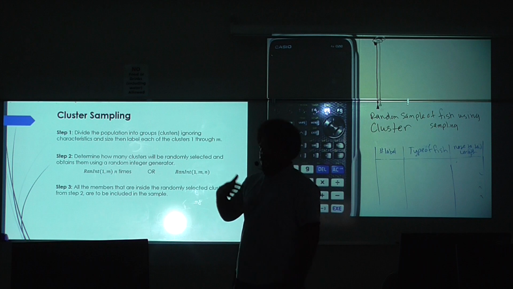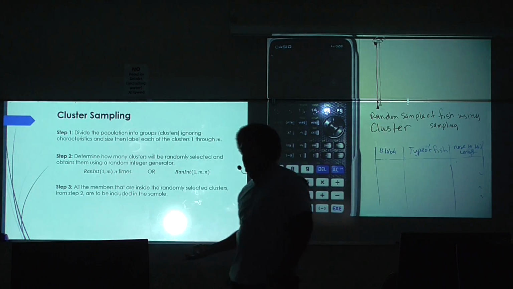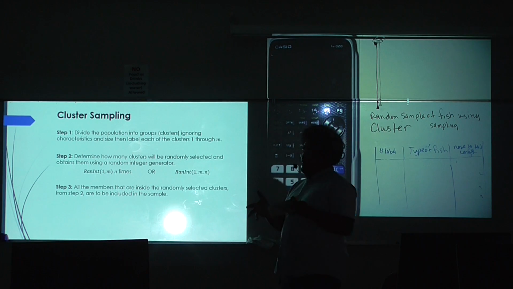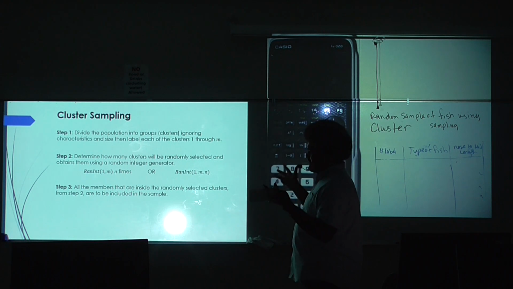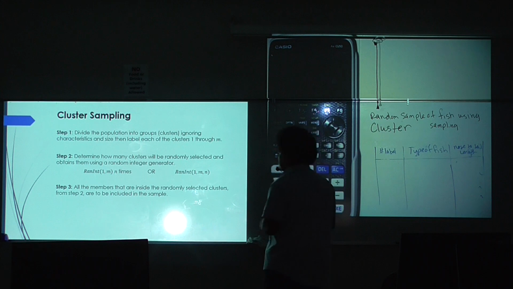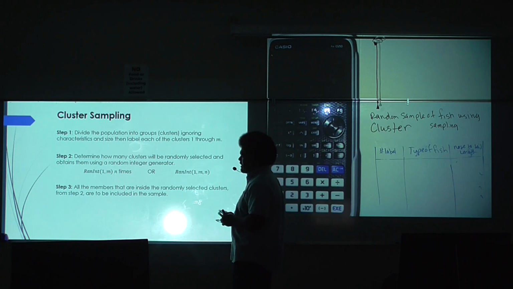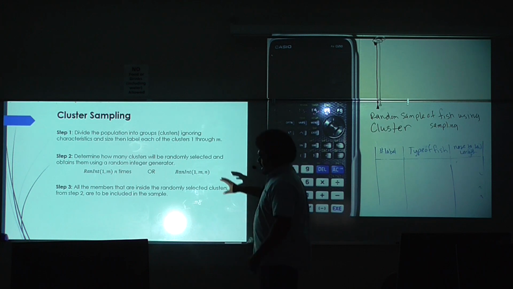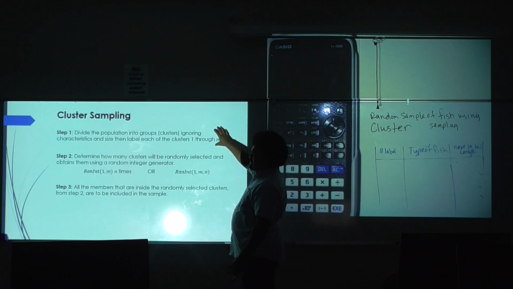Within the states, we also have counties, which are subdivisions, and within there we have cities, districts, and organizations. So we have different types of groups or clusters that we could use within sampling, depending on what we're focusing on in our population. That's what we mean by making clusters.